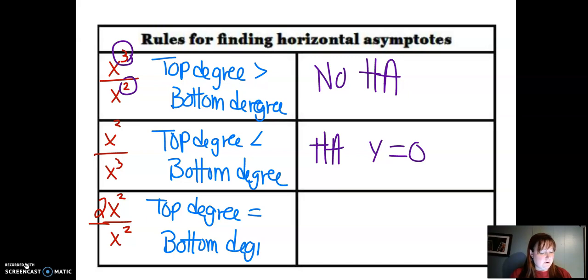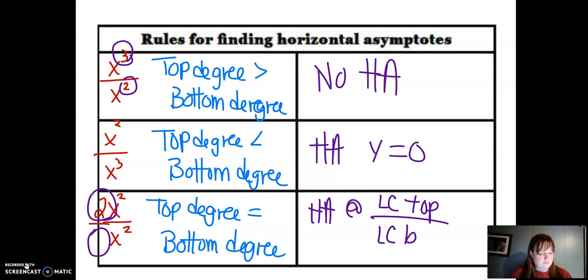To find that number, we look at the leading coefficient of the top and the leading coefficient of the bottom. In this case, the leading coefficient of the top is 2, and the leading coefficient of the bottom is 1. So we would have a horizontal asymptote at the leading coefficient of the top over the leading coefficient of the bottom. In this case, the horizontal asymptote would be at 2.